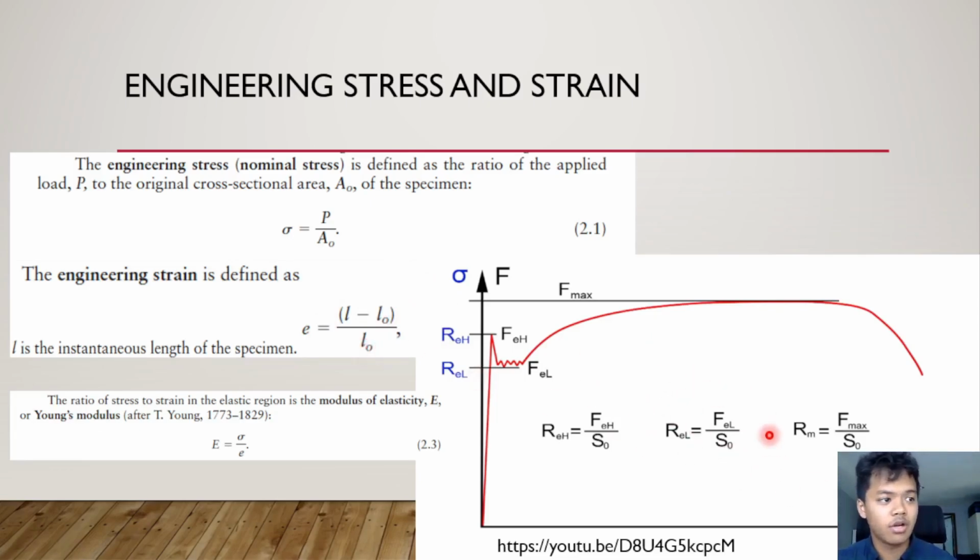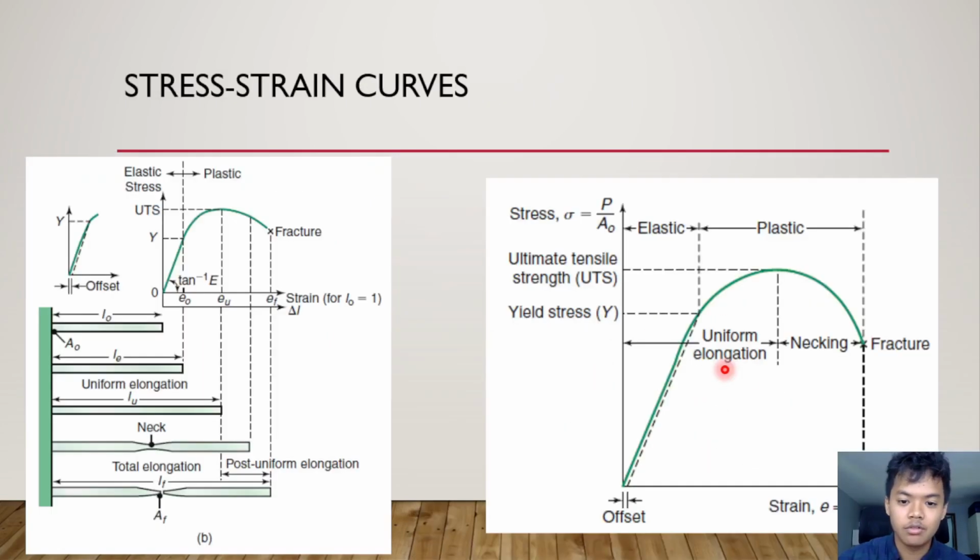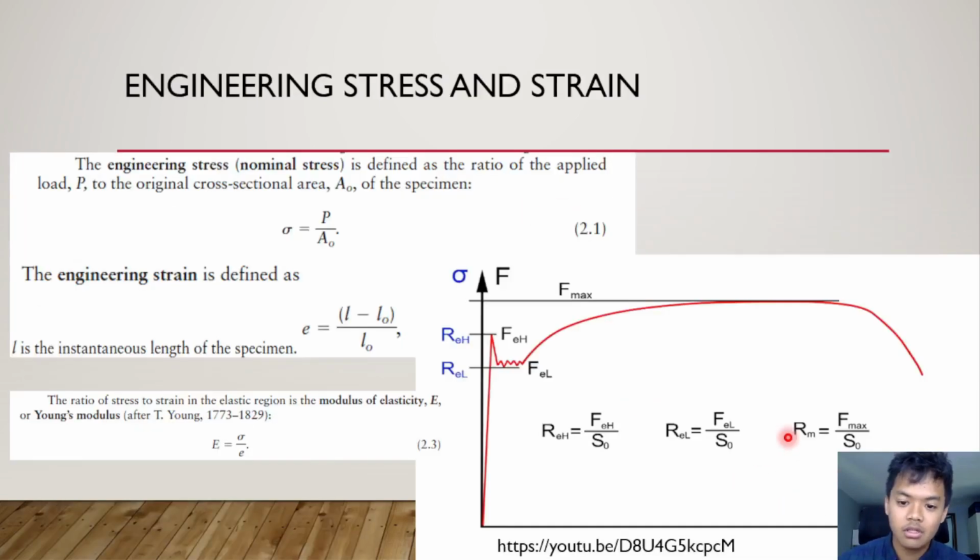So here, what is this graph? This is a graph that we obtain straight out of testing the specimen. It is not the same as our previous graph, which was a stress-strain graph. This graph is a load and elongation graph. I don't think you can see it, but right down there it says delta L, signifying elongation.